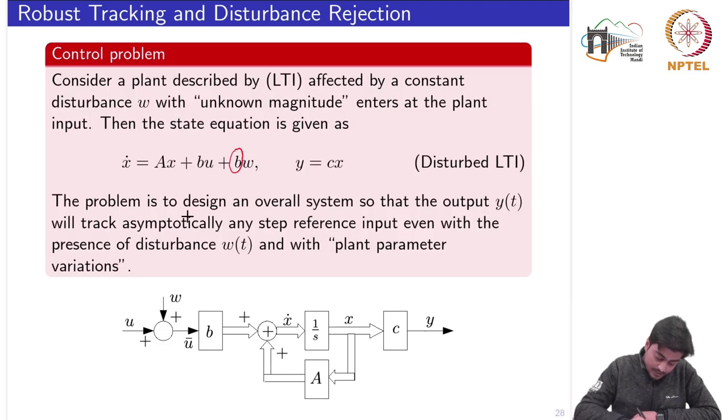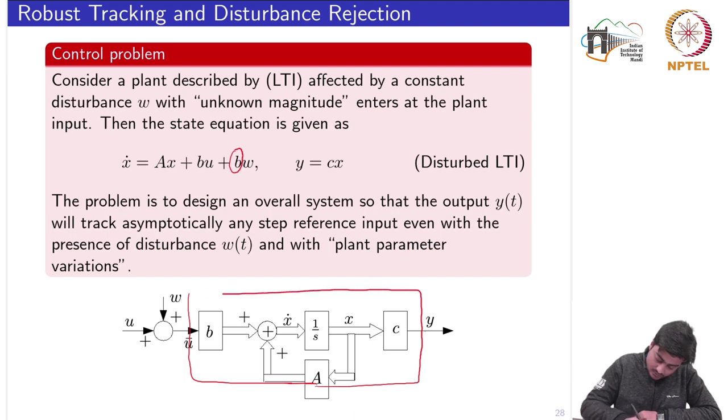The problem is to design an overall system or the closed loop system so that the output y of t will track asymptotically any step reference input even in the presence of disturbance w of t and with the plant parameter variations. Okay? So this is the system we have considered so far without the inclusion of the disturbance signal.